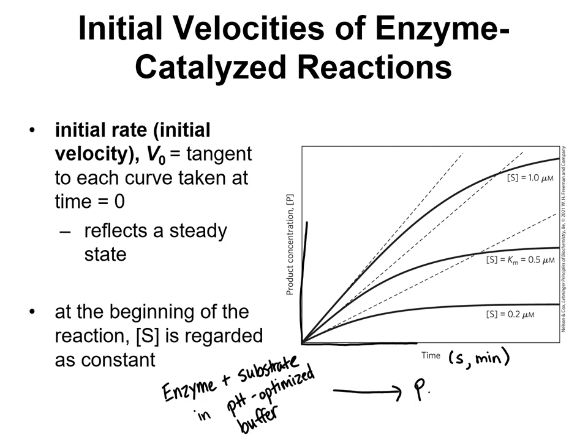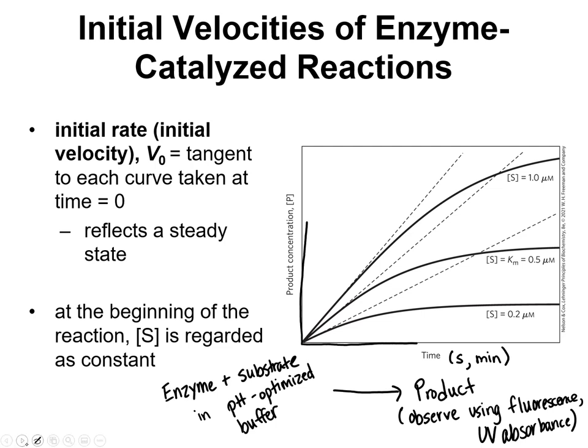You form product, which you have to be able to observe using fluorescence, UV, any host of things. And as you do this, you have different concentrations of substrate.